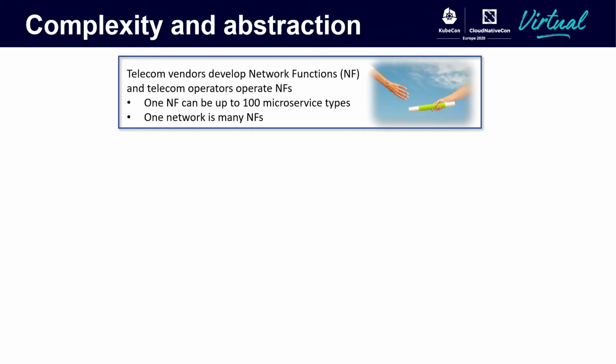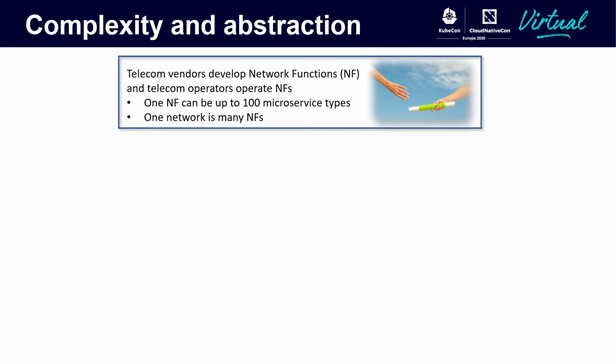But what really happens after that is that we hand that over to the telecom operators that operate these network functions. So there's a clear software handover here, not even talking about different organizations, but really completely different companies that develop and operate this. So that, of course, creates a completely different challenge in the whole DevOps flow as such, that needs to be bridged in some way.